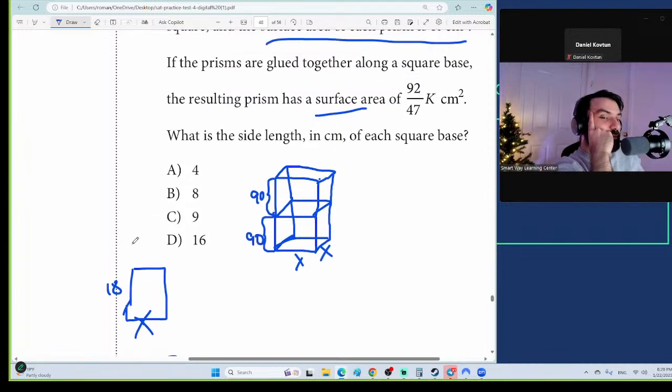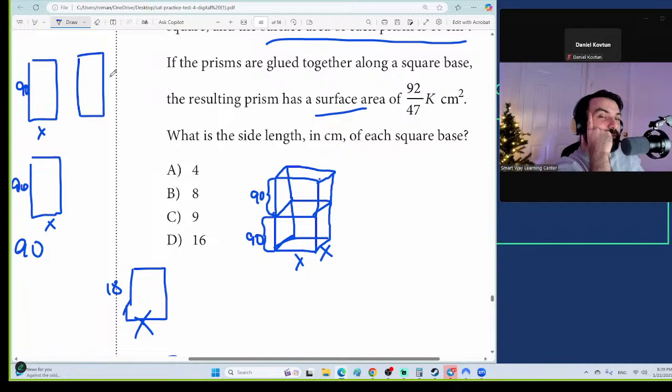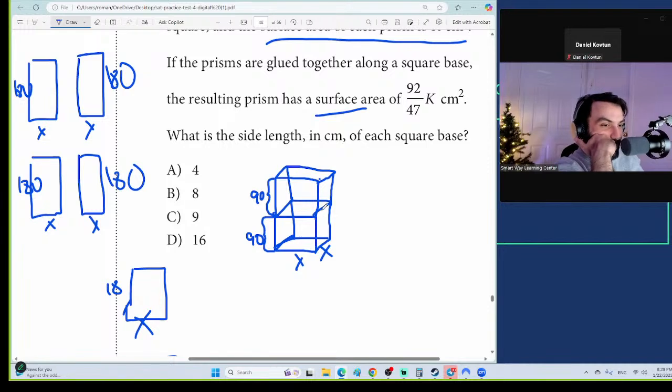Then we have four like those. Hold on, this is already the resulting figure I'm doing. 180 times x, 180 times x, 180 times x, 180 times x, that's four walls of the two floors.